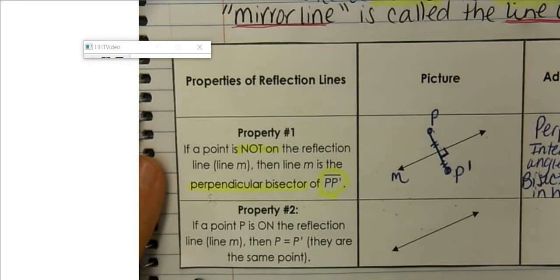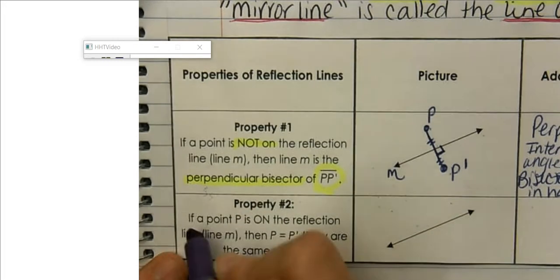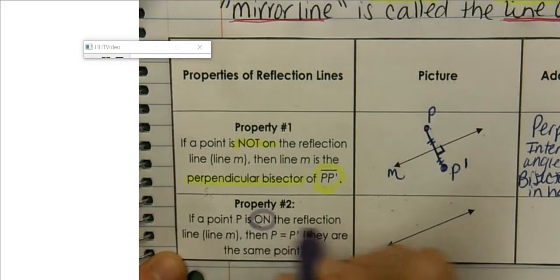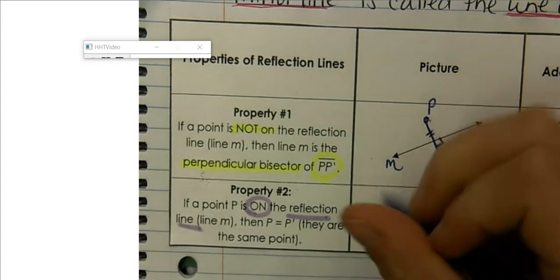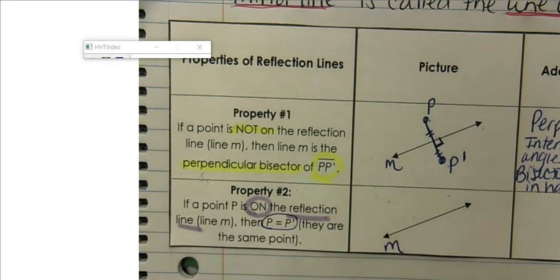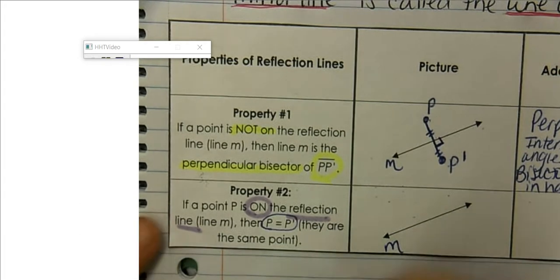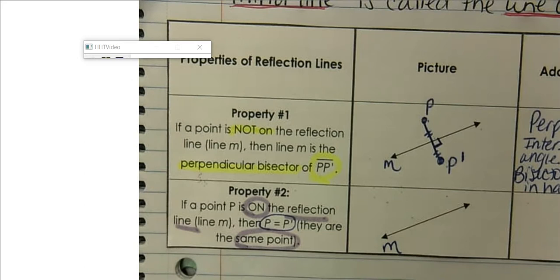Property number 2 says that in the event that a point is on the reflection line, so it's on line M, then P and P prime have to be the same exact point. They equal each other because they are the same point.